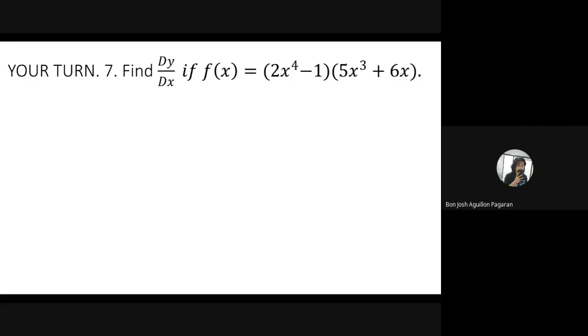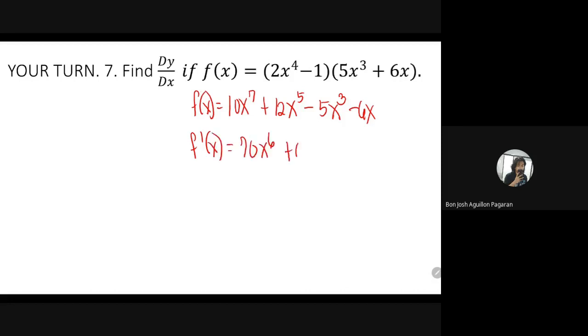Okay, let's have the, so f of x muna pala kasi minultiply nyo eh. That's 10x raised to the 7th power plus 12x to the 5th power minus 5x cubed minus 6x. So yung f prime of x natin will be 70x to the 6 plus 60x to the 4th minus 15x squared minus 6. Timothy, that's also correct.